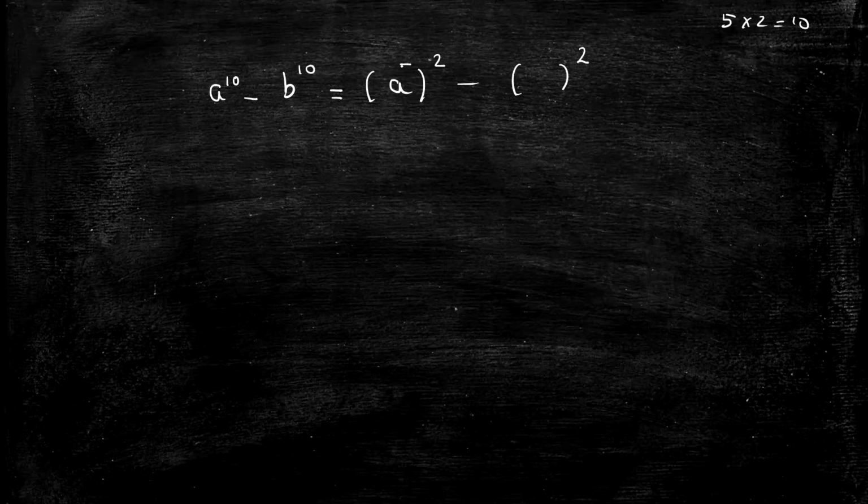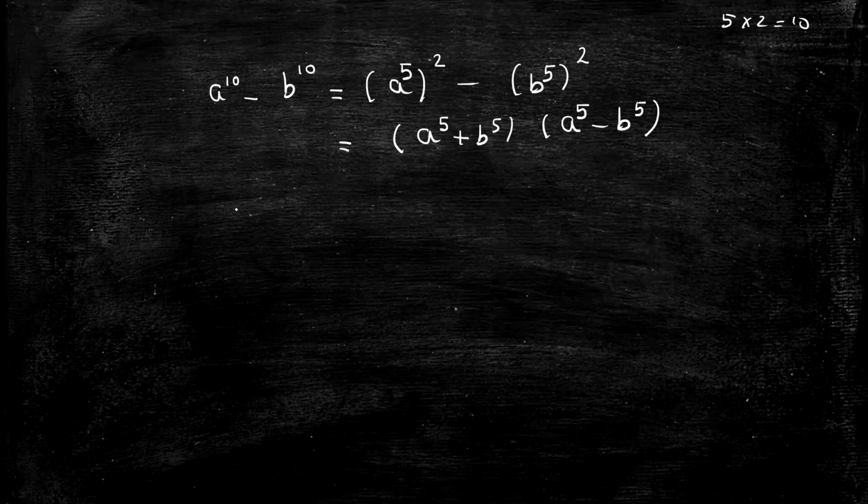So a power 5 the whole square and b power 5 the whole square. And now a plus b, the first term, a power 5 plus b power 5 into a power 5 minus b power 5. So we cannot further factorize this. So this would be the final answer.